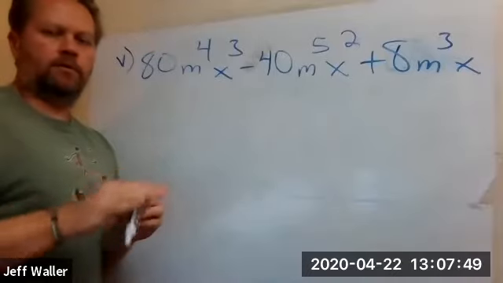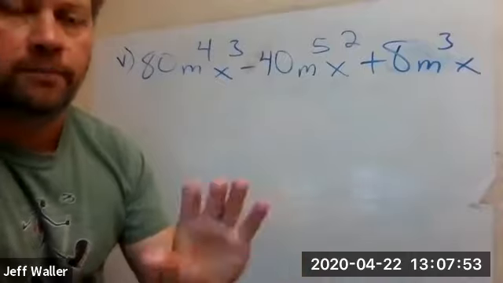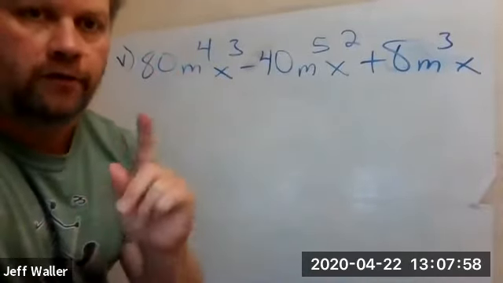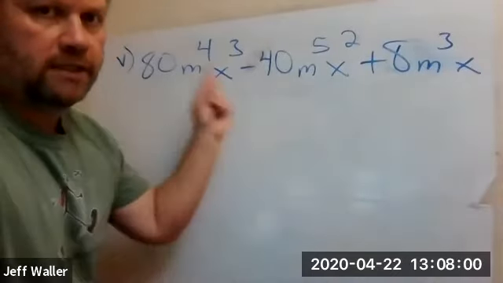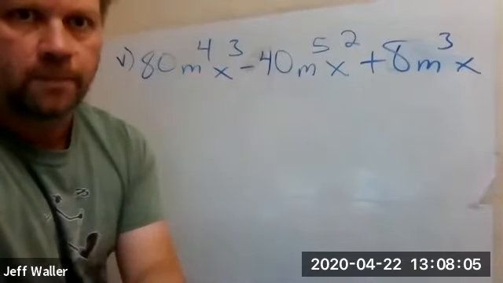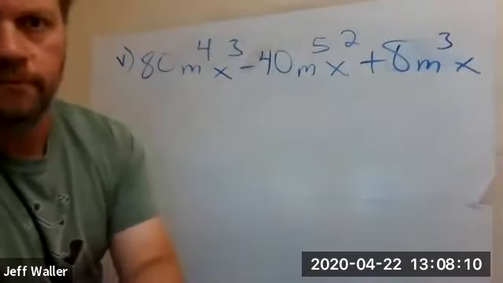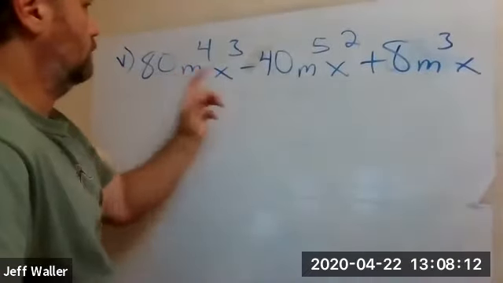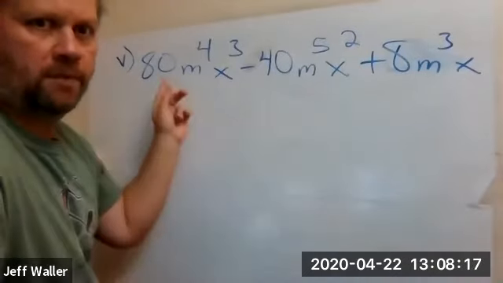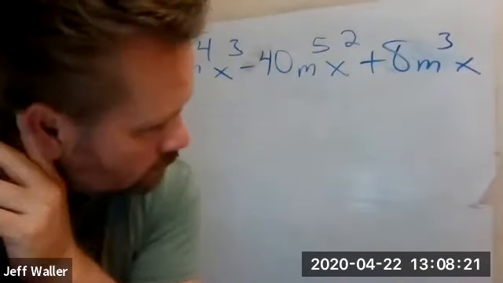So again, this happens in almost all of mathematics. If you can break the problem you're working on down into parts, it'll be that much easier. So the first part of a GCF problem is the numbers. Just look at the numbers. What's the biggest number I can take out of all three? The biggest number that goes into all three? 8.